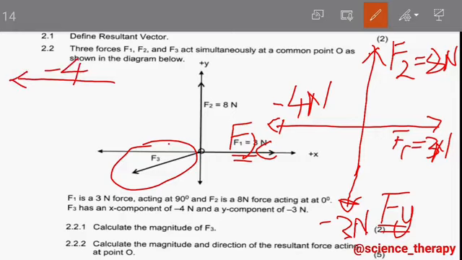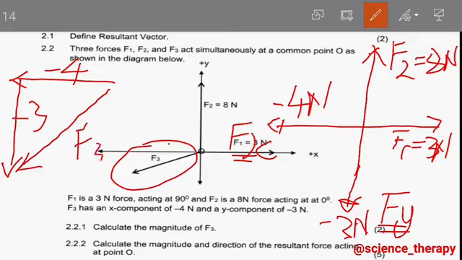And then this is my Fy all the way down here, it's negative 3. So if I can try to close here, you can see that the F3 fits perfectly in here. So if we want to get the magnitude of F3, we can use our Pythagoras theorem, and we get the resultant force, which is F3 in that case.